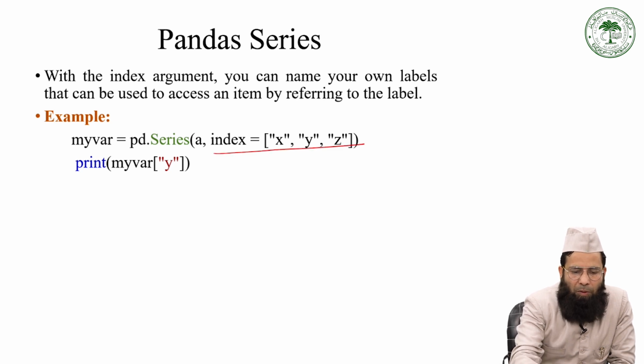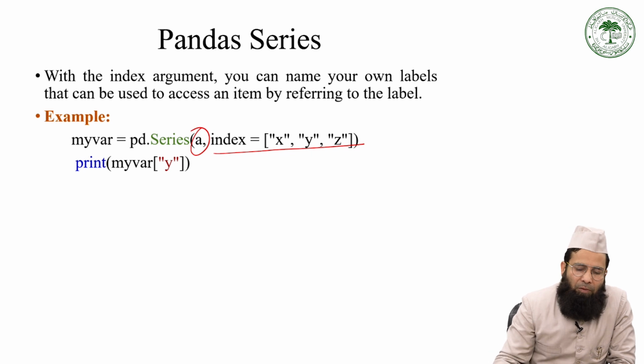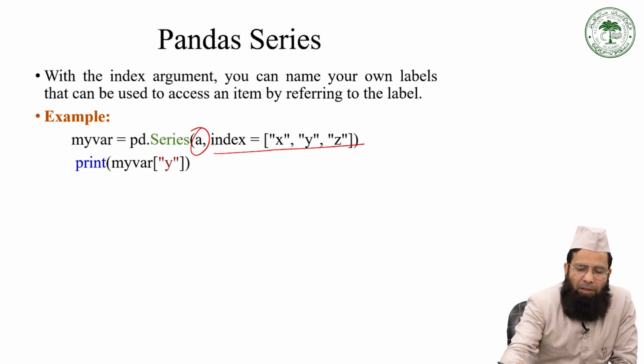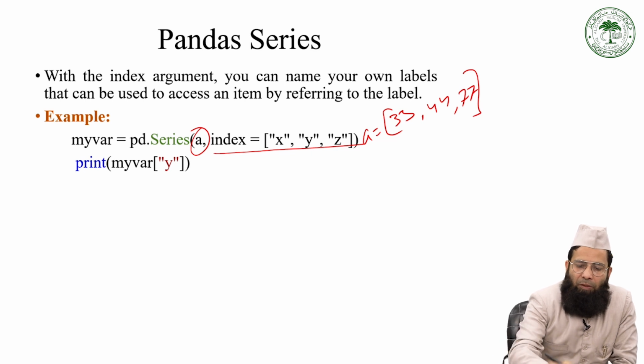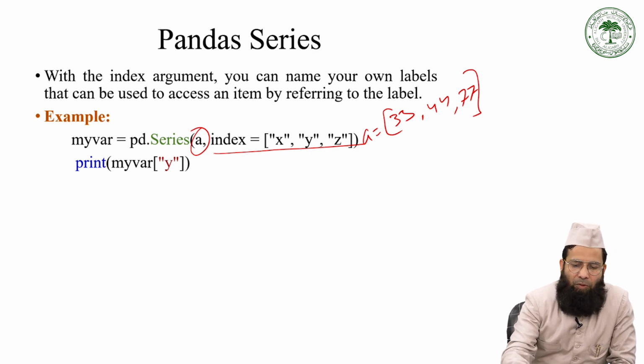Now let's say in this particular object the data is 33, 44 and 77. Let's say this is a list, and you are creating a series using Pandas.